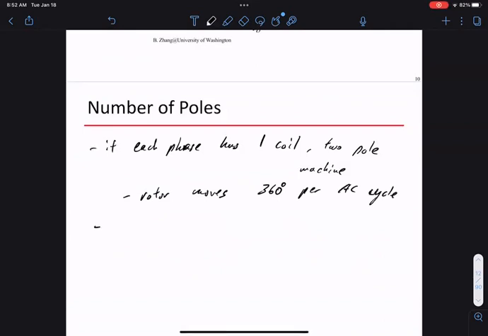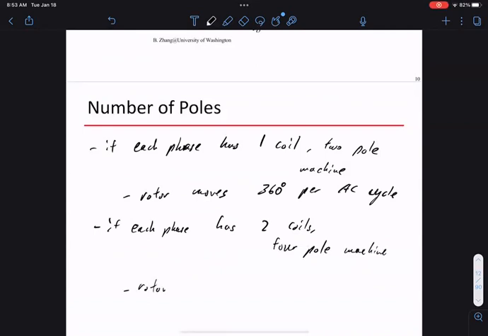You can reduce this by adding a coil to each phase. This gives us a 4-pole machine. Then the rotor moves 180 degrees. So you have a slower rotor. At synchronous speed, the rotor spins as if the AC cycle is going slower. Any questions on this?